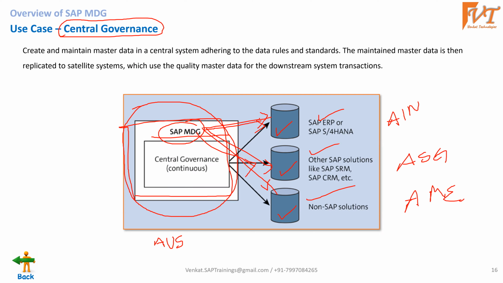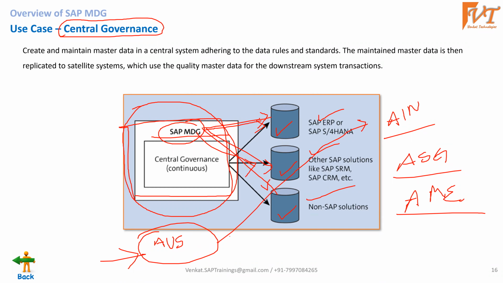Okay. So we have implemented MDG in the Amazon US business unit, and these are various subdivisions or subunits integrated with MDG. So if we are maintaining any master data in Amazon US, that will be distributed to these units.